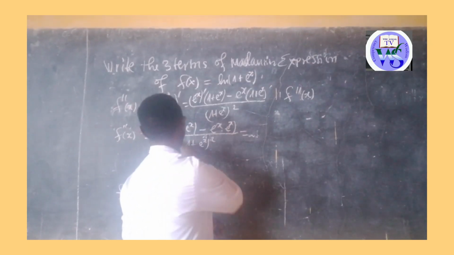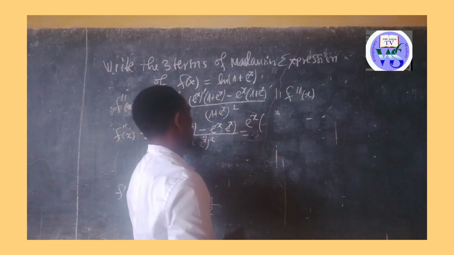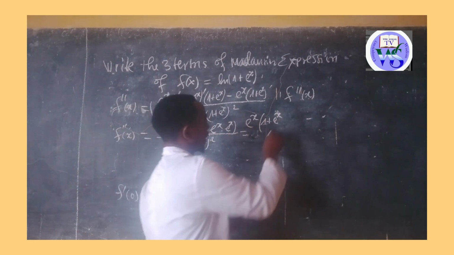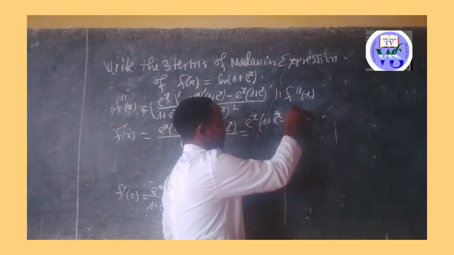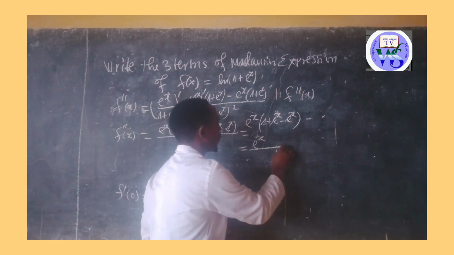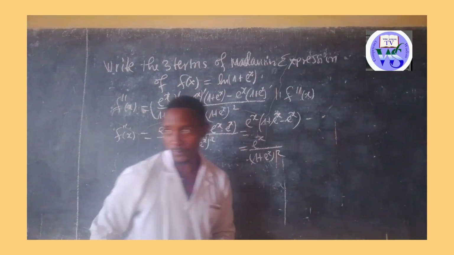This is e power x times 1 plus e power x minus e power x. Simplifying, this is equal to e power x over 1 plus e power x to the power 2.